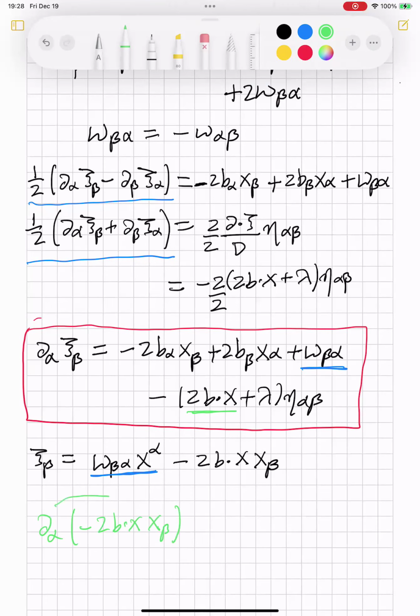Well, the first term, if we hit this x beta, we get minus 2b dot x eta alpha beta. That's the term we've underlined in green in the red box.